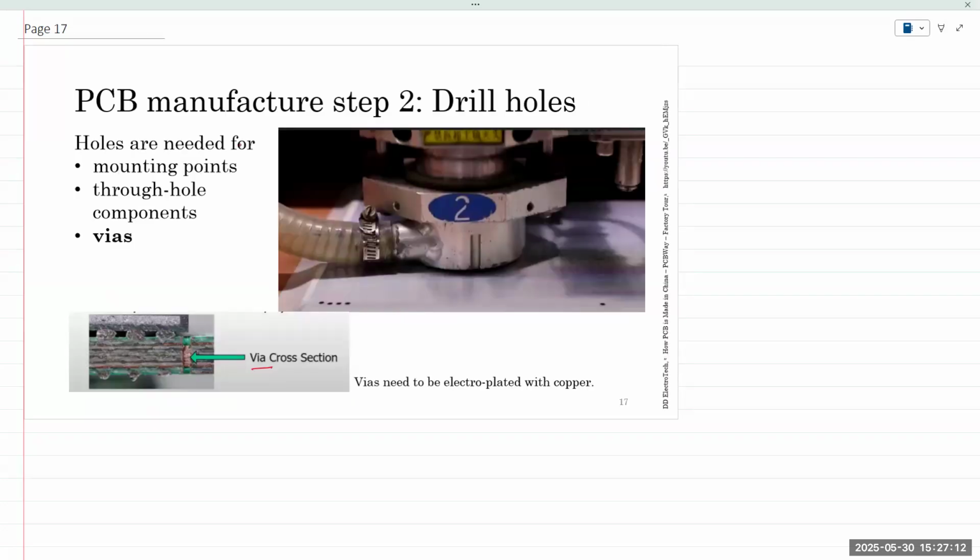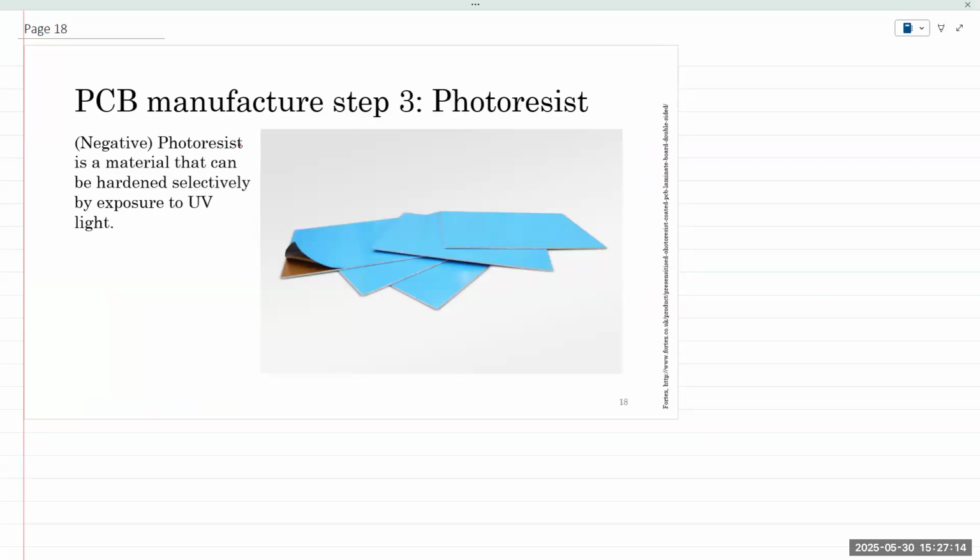The way we transfer these patterns of wires is by taking a material known as photoresist. Photoresist is a material that resists the transfer of photons, so light. It resists light. And photoresist is very common in the IC and PCB manufacturing industries.